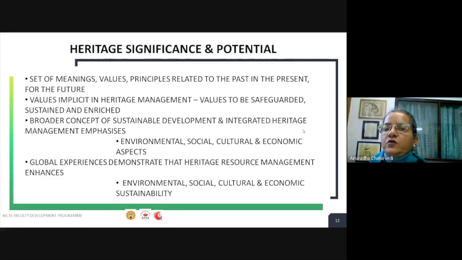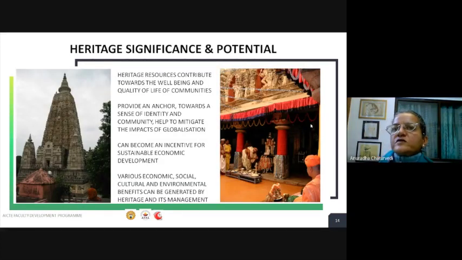And over the years, there have been many global experiences which demonstrate that heritage resource management, which is integrated into development, enhances the economic, environmental, social, and cultural sustainability of whatever intervention or process is proposed.